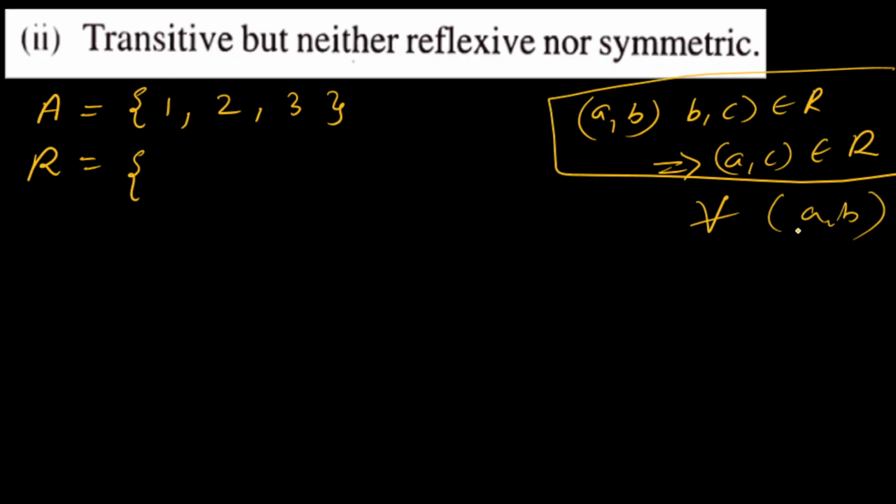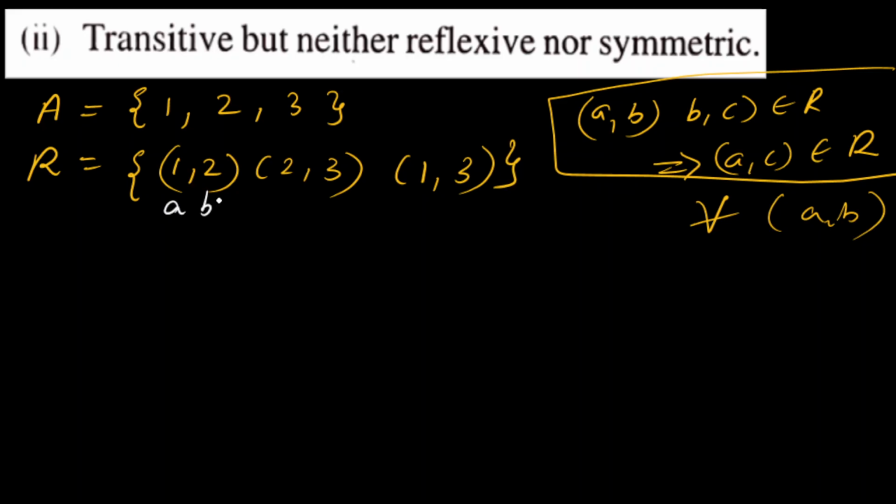So I am writing (1, 2), (2, 3) and then (1, 3). In this relation, for (a, b) and (b, c) we do have (a, c) belonging to it. See, (1, 2), where b is 2 here, and a and c are 1 and 3. So we have this type of ordered pairs, which means the given relation is transitive.